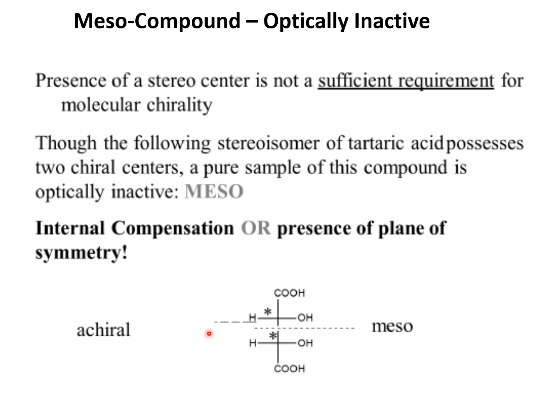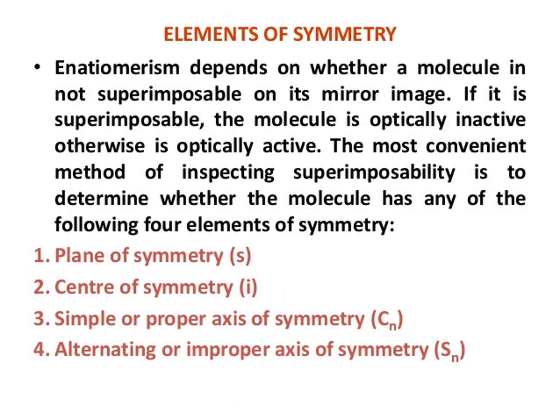Suppose you have a mirror over here, you have 2 chiral centers here, the first asterisk mark is the first center, the second one is the second chiral center. So the rotation of this half of the molecule is balanced by the other half, so that the overall optical rotation is 0, so that it is optically inactive.